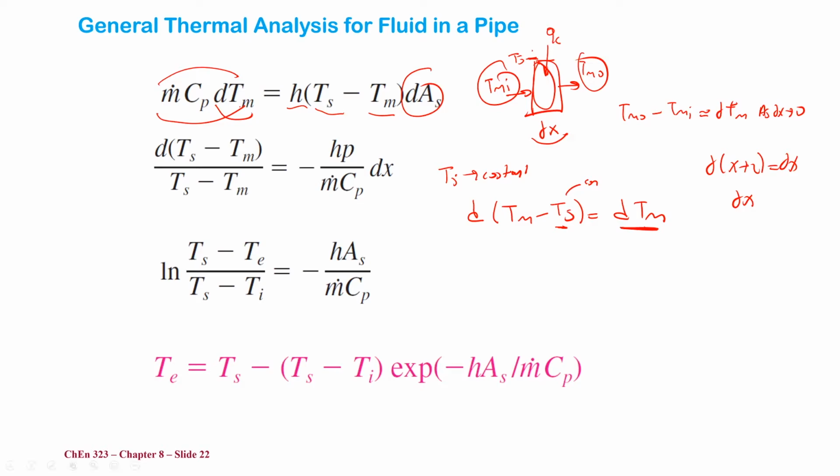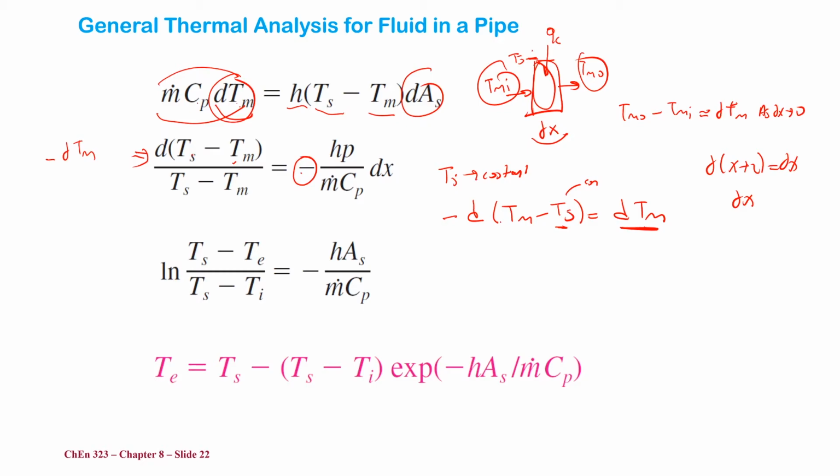So what I'm going to do here is introduce a negative sign, put a negative in front. So that means d(Ts minus Tm) is equal to minus dTm, so we have the positive dTm here.